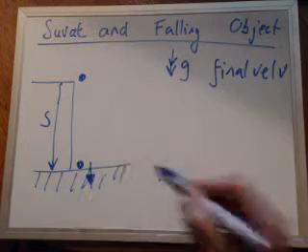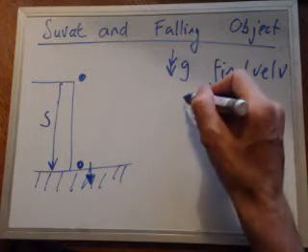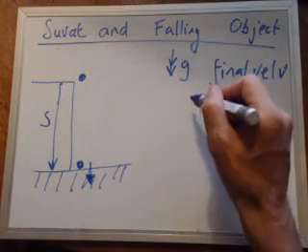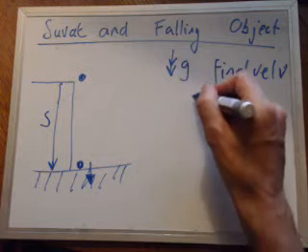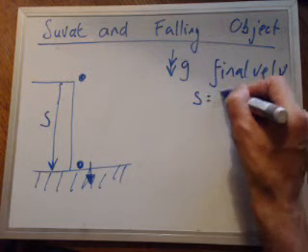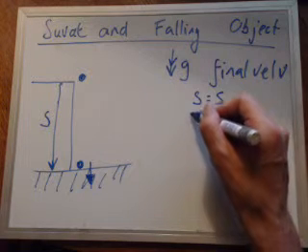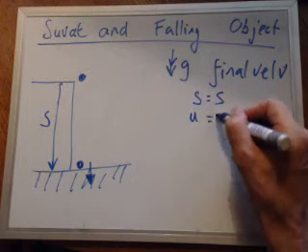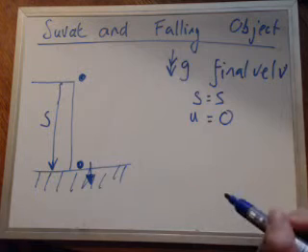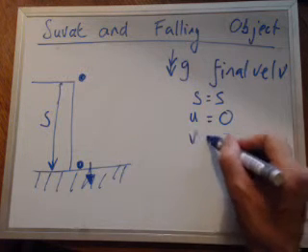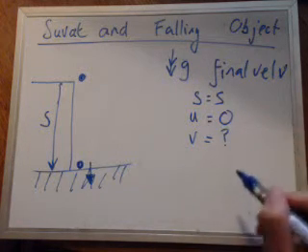So now, what do we know? I'm going to use this algebraically. We know S, the displacement. We know the initial velocity is equal to 0, it's falling from rest. The final velocity is what we are trying to find out.